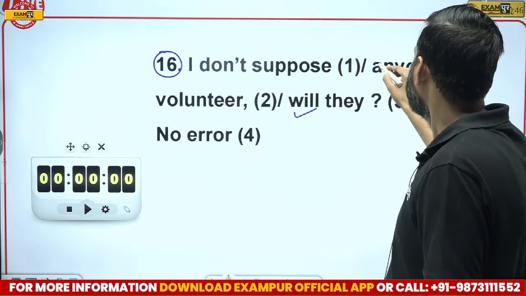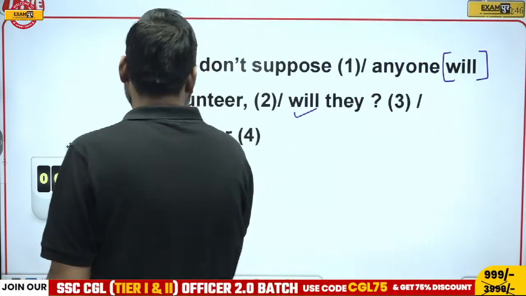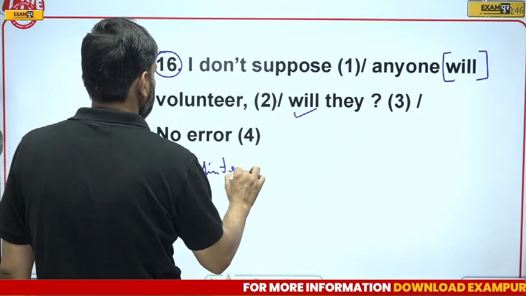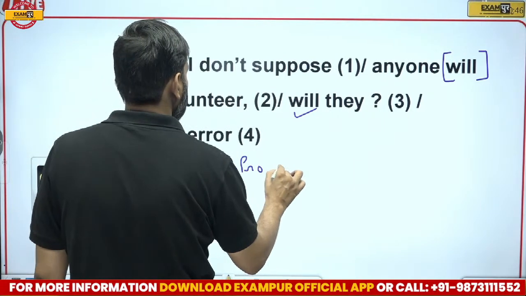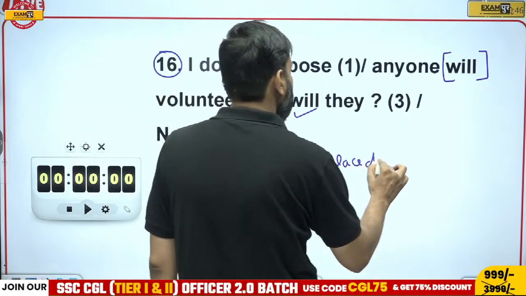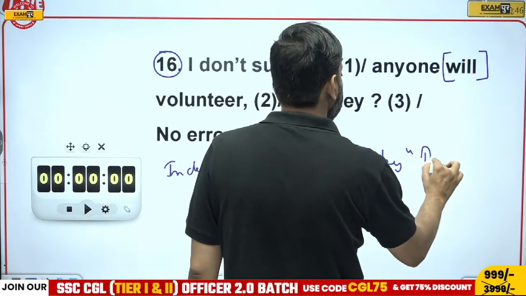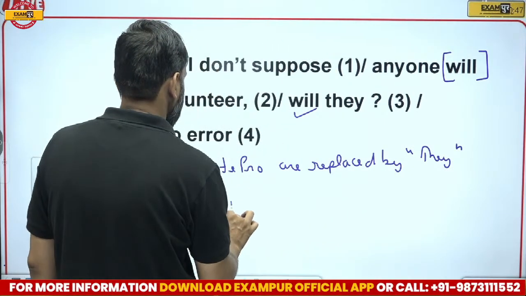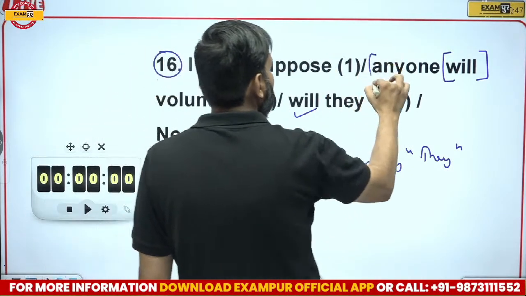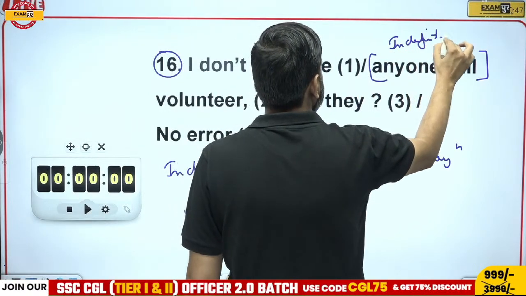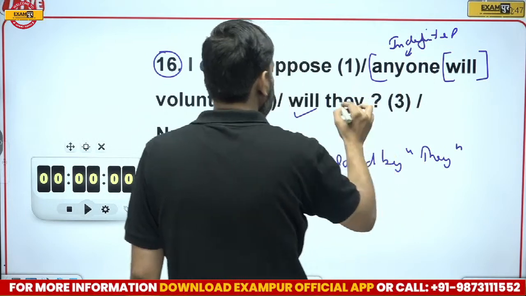Second, indefinite pronouns are replaced by they in the question tag. Here anyone is an indefinite pronoun, and indefinite pronouns are replaced by they.